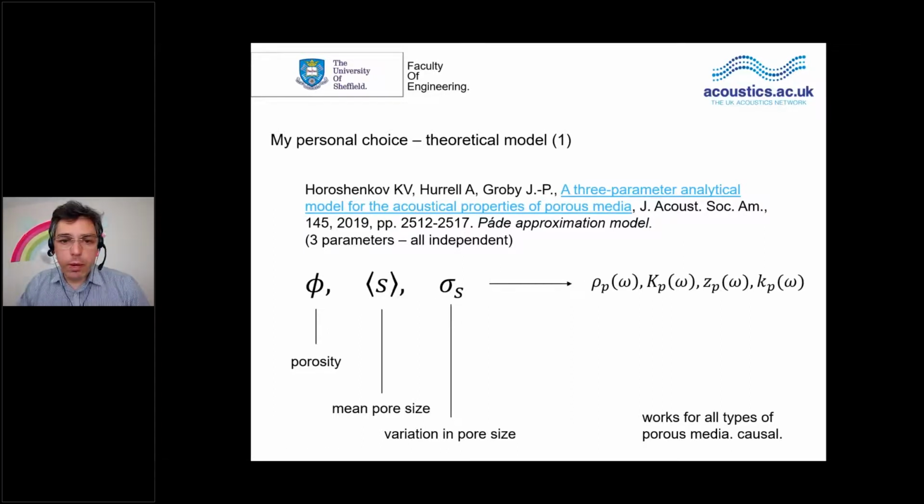It's a very simple model to use. It is causal, which is important, so it means that the real and imaginary parts are linked with the Kramers-Kronig relations. So it doesn't predict nonsense. And it can be used for foams, granular media, fibrous media, and so on. What's nice about this model, I believe, is that all these parameters are directly measurable. The porosity is easy to measure, pore size is easy to measure, and the standard deviation of pore size is also easy to measure, which is good.